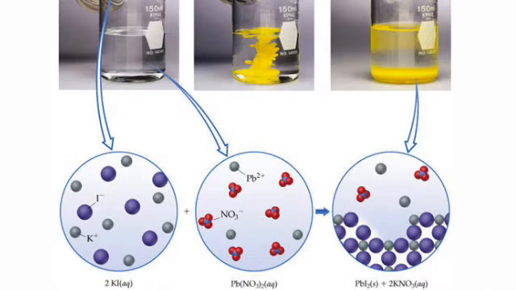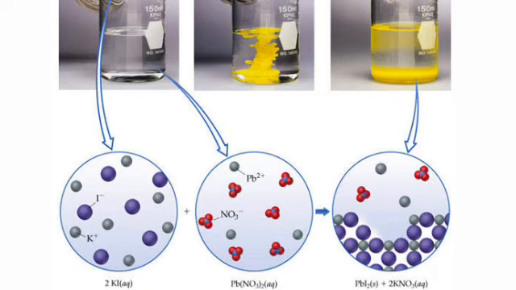An aqueous solution of two compounds reacts to form an insoluble compound and a soluble compound. That is called a precipitation reaction. For example, a clear aqueous solution of potassium iodide and lead nitrate react to form lead iodide and potassium nitrate.